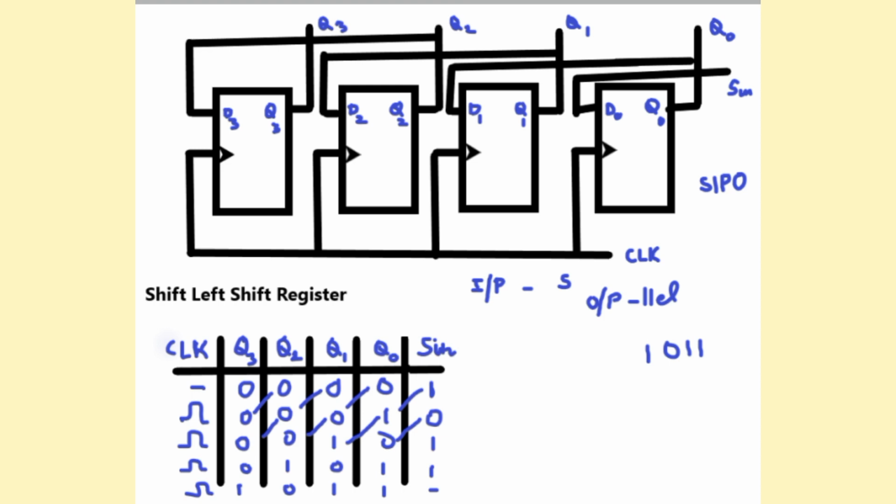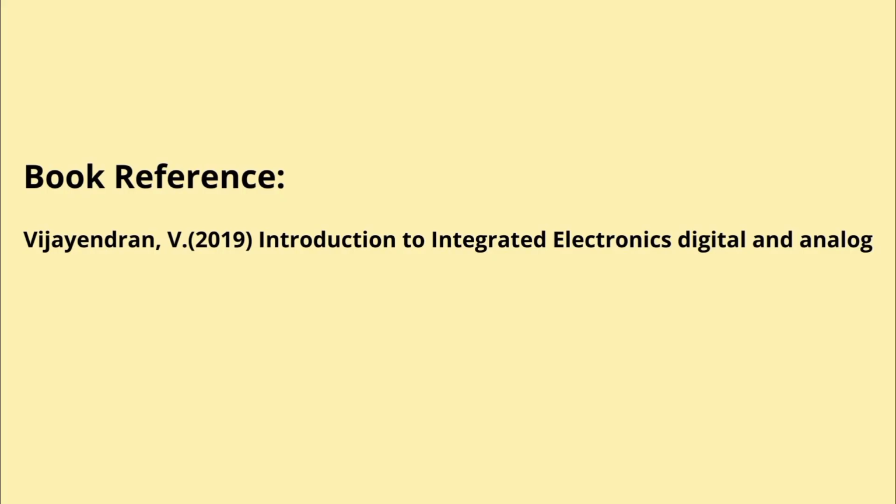The only difference is that the stored value is shifted towards the left, and the serial input is given to the rightmost flip-flop. The desired value is stored after 4 clock pulses. So this is all about shift right and shift left shift registers operating in SISO mode and SIPO mode.